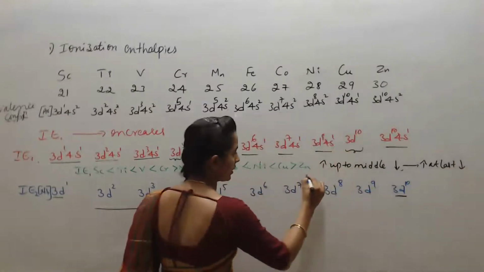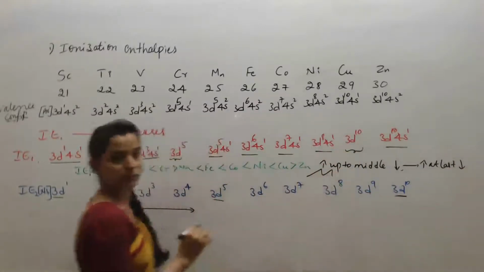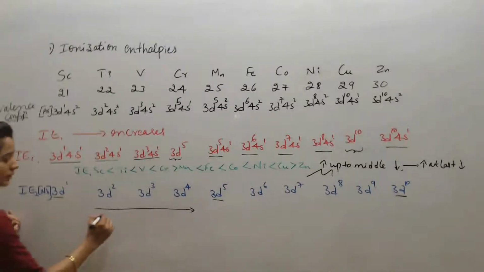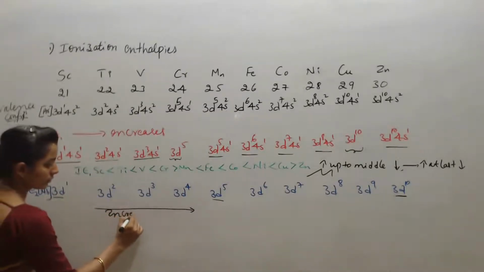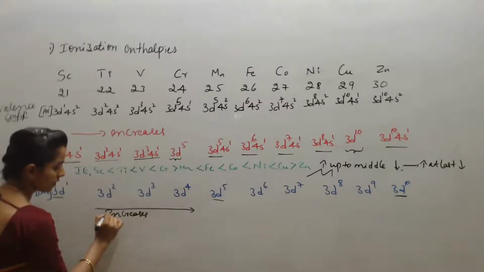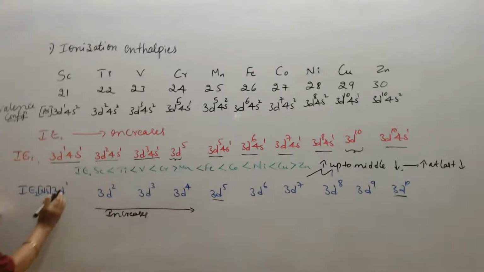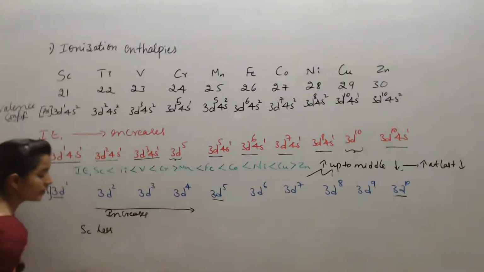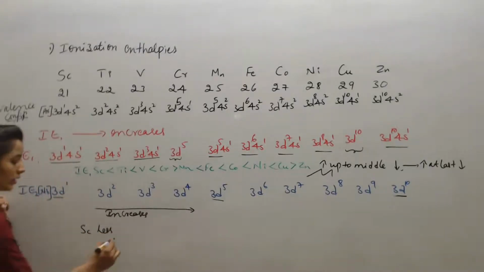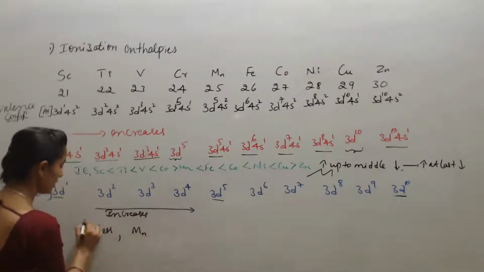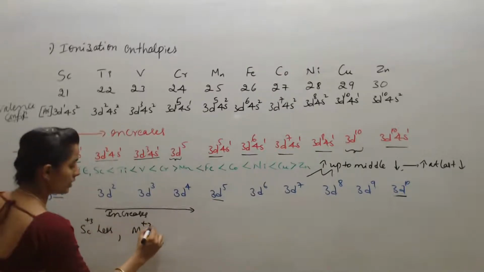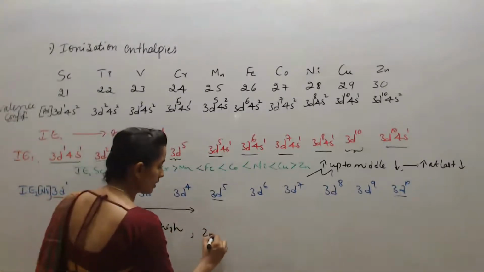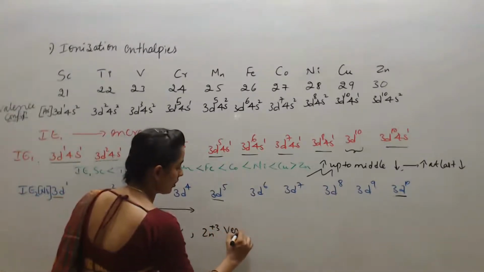So this is the trend. But here it increases again. So third ionization energy for scandium is very less, and manganese plus 3 is high, and zinc plus 3 is very high.